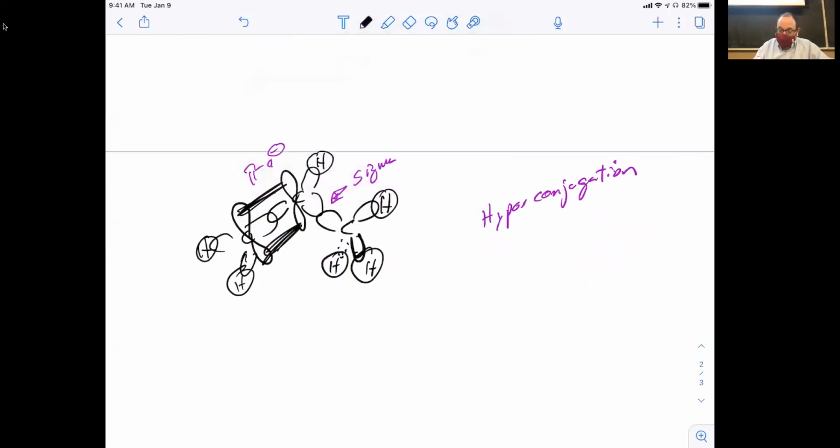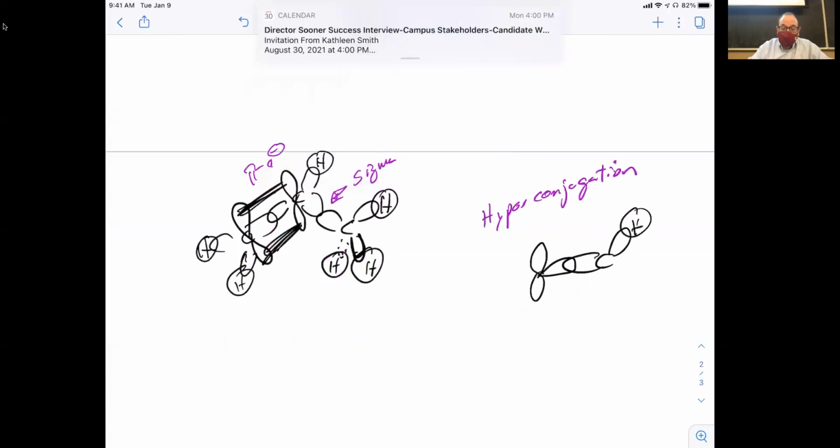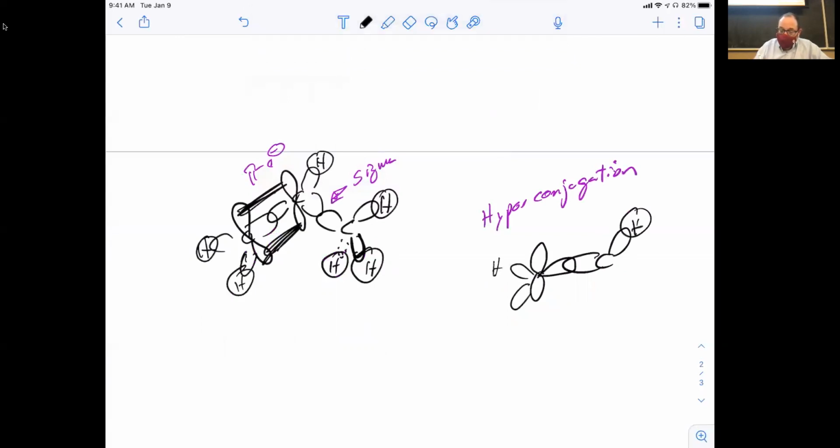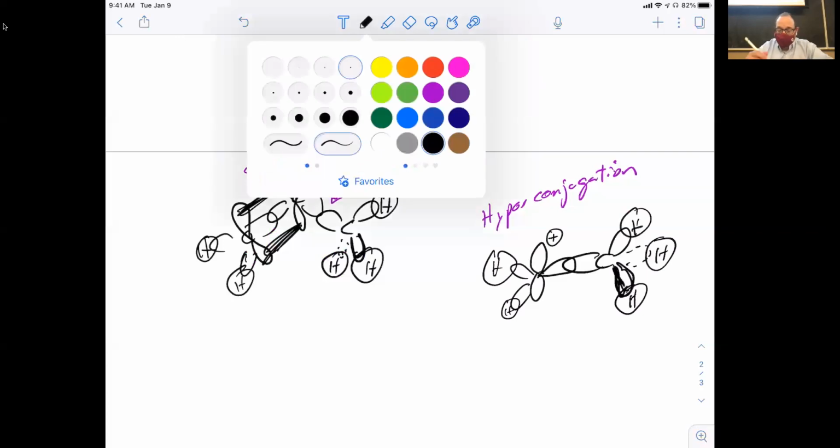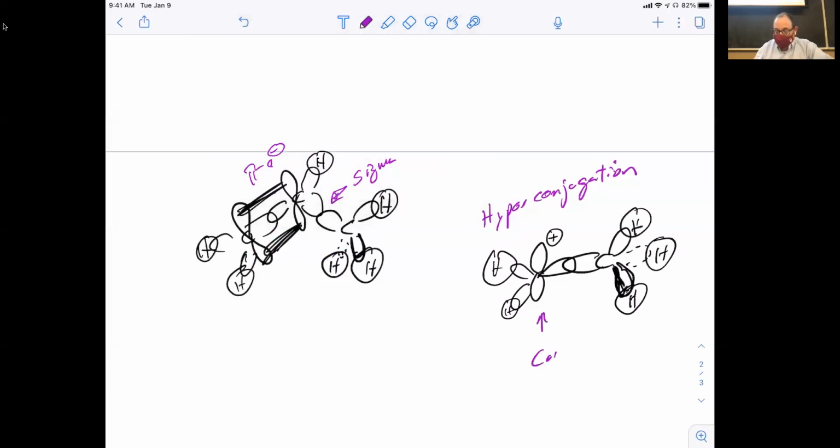I can have hyperconjugation when I have a pi, whenever we have a carbocation, right?